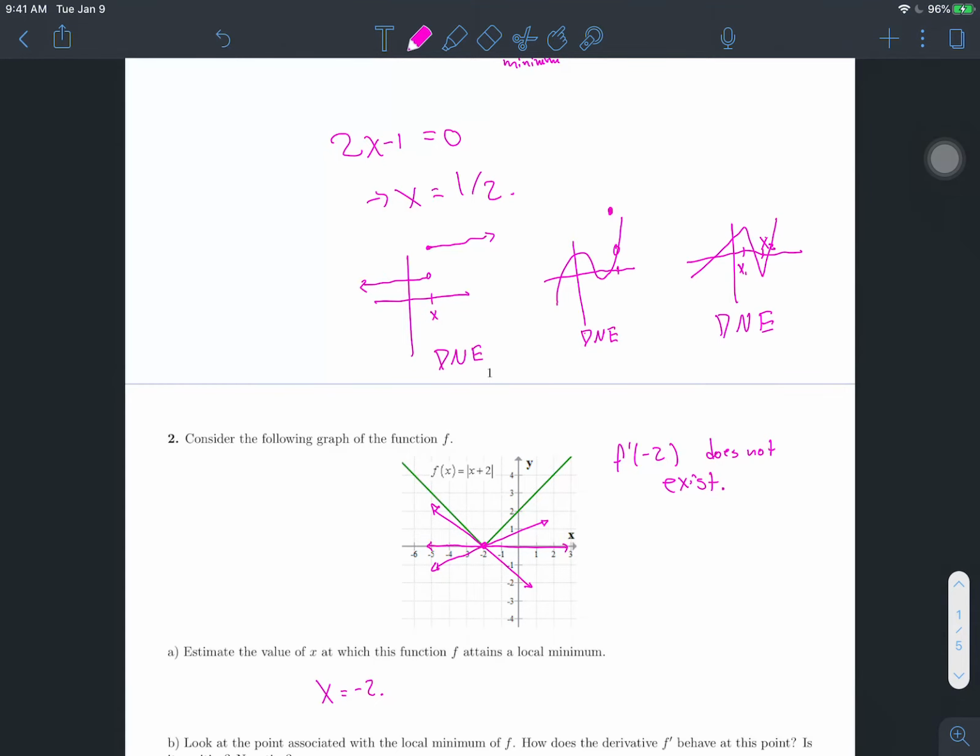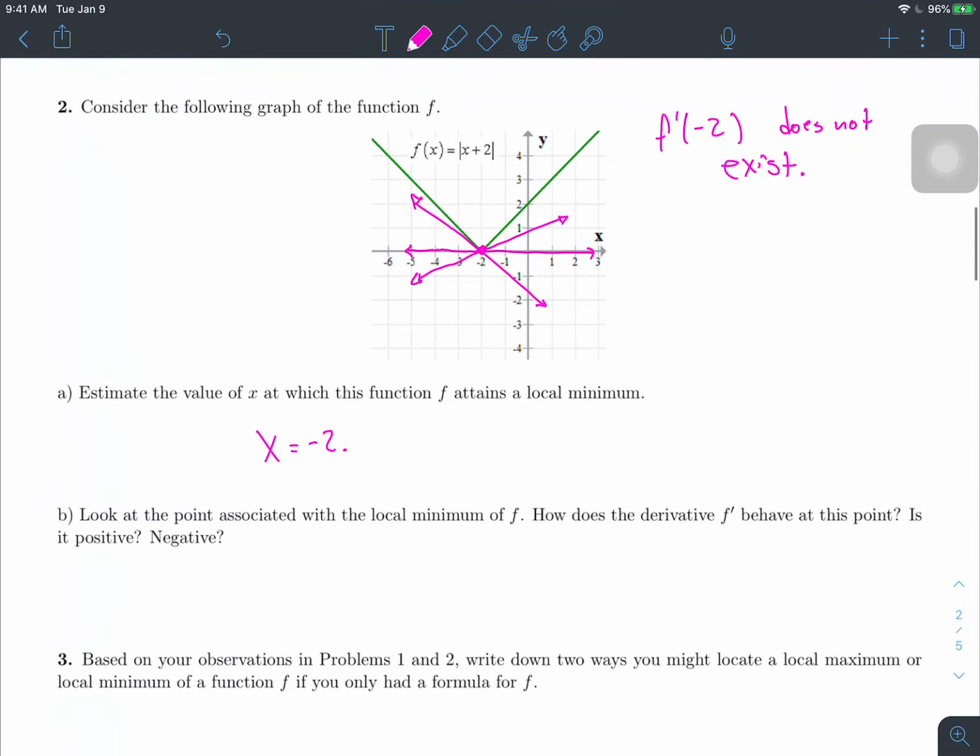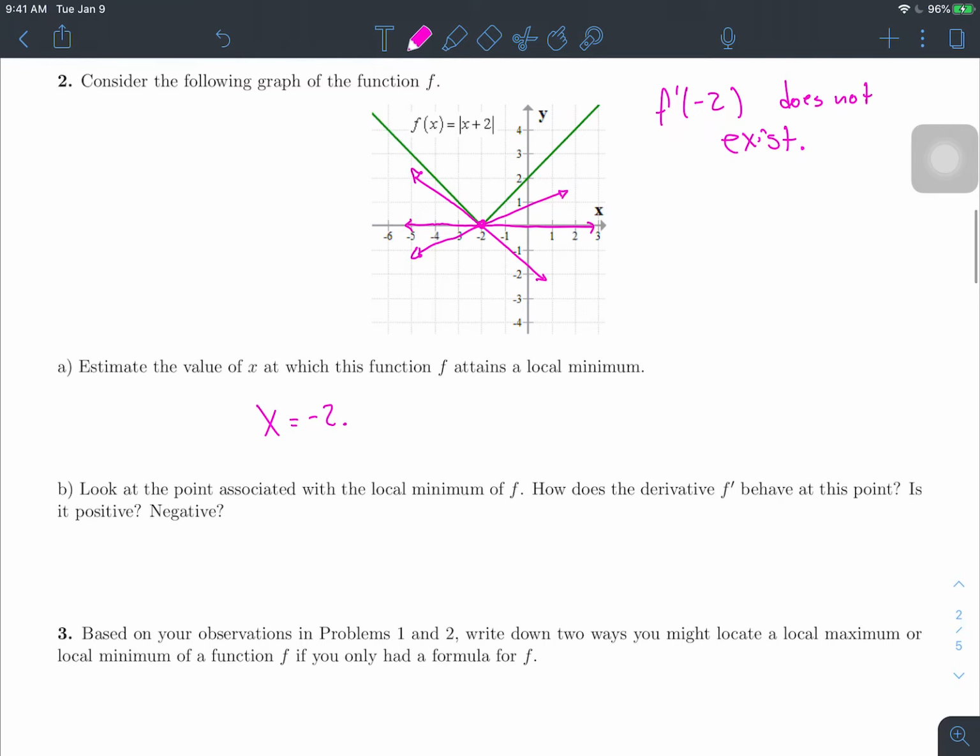Okay, so how does the derivative f prime behave at this point? F prime of -2 does not exist. That's what DNE stands for, does not exist. Okay.